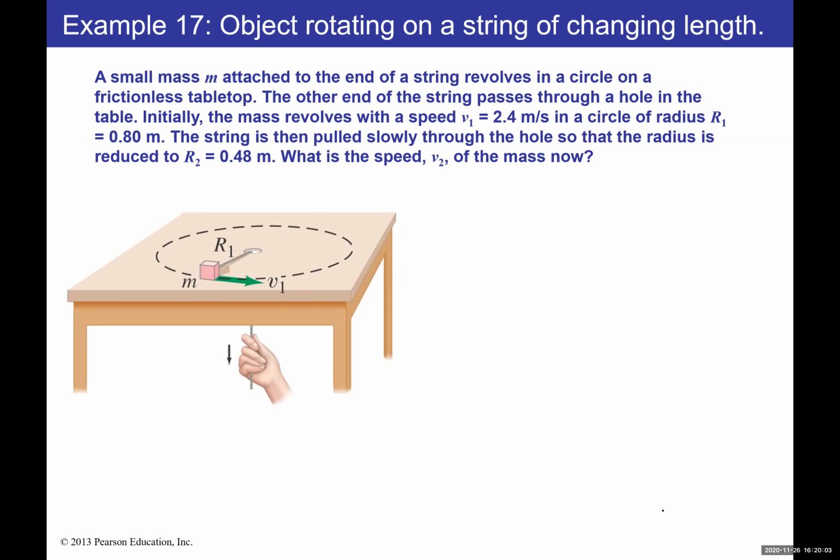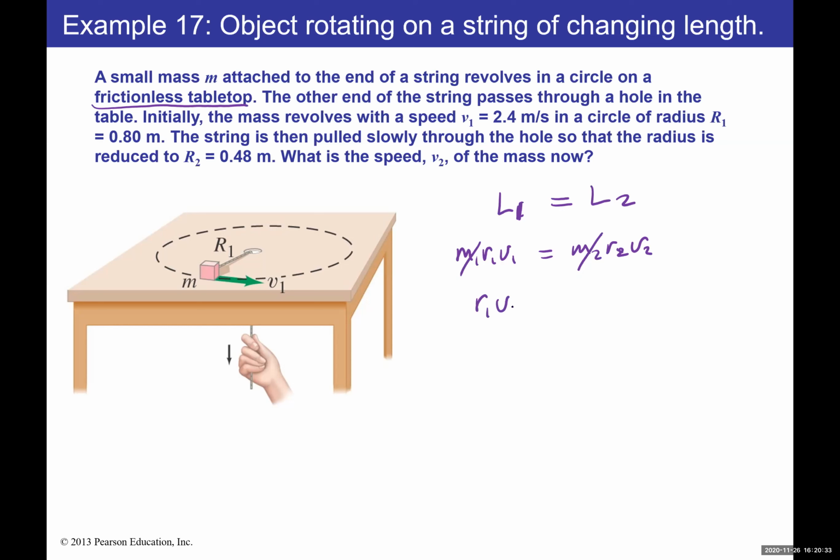All right. Because there is a frictionless tabletop, I can say angular momentum before and after is exactly the same. Let's say 1 and 2 like that. L1 equals L2. Since it's a particle, I can say that M1 R1 V1 equals M2 R2 V2. But since it's the same object, I can cancel the mass from both sides.